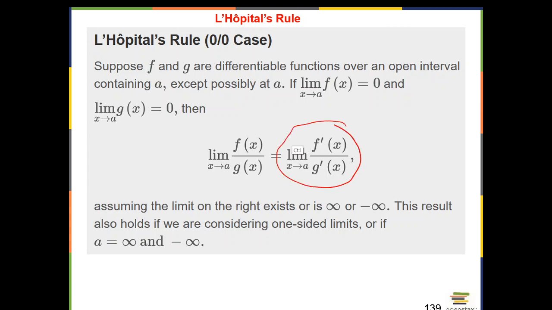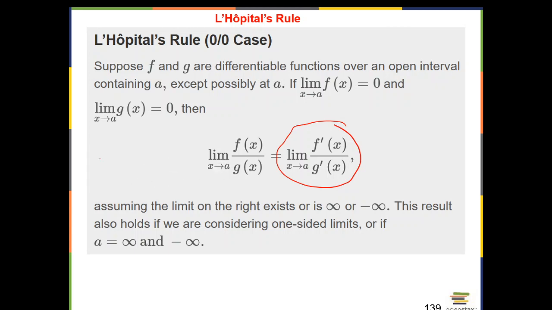If this limit doesn't exist, this theorem doesn't apply, and we're going to look at an example where that is actually the case. But for now, if this limit exists, then instead of taking the limit of f over g, we can take the limit of f prime over g prime. That makes it really easy to take derivatives.